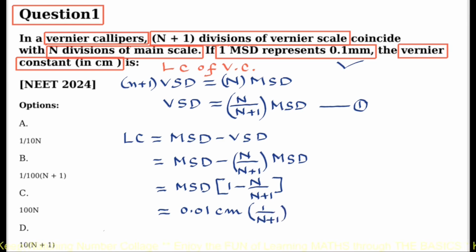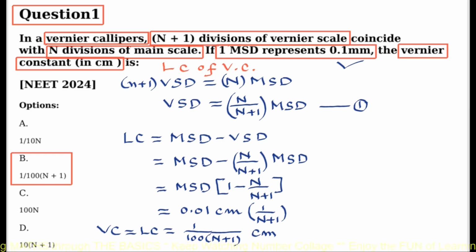So the vernier constant, same as the least count of this vernier caliper, will be 1 upon 100 into n plus 1 centimeter. So the correct answer option will be B, 1 upon 100 times n plus 1.